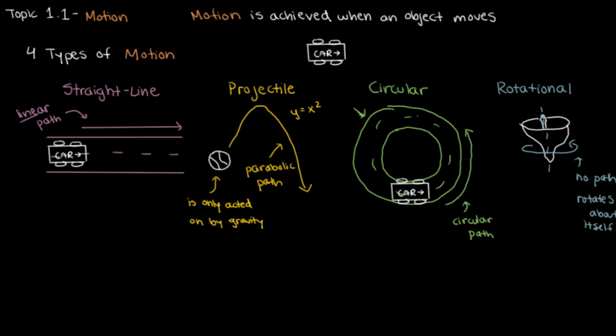This baseball is physically traveling on this parabolic path, and this car is physically traveling in the circular path. But with rotational motion, this top does not really have to be physically moving at all. It can stay in the exact same spot, but it follows rotational motion if the object itself is rotating about an axis in that object.